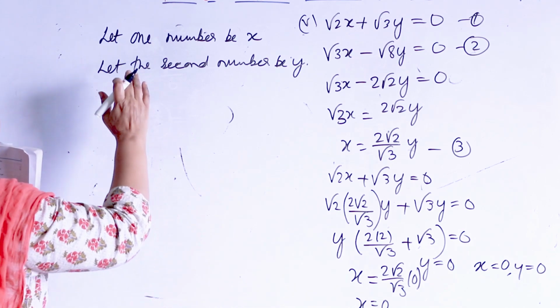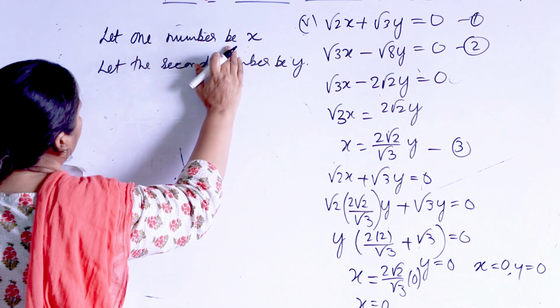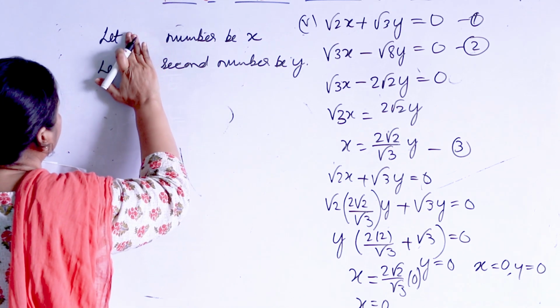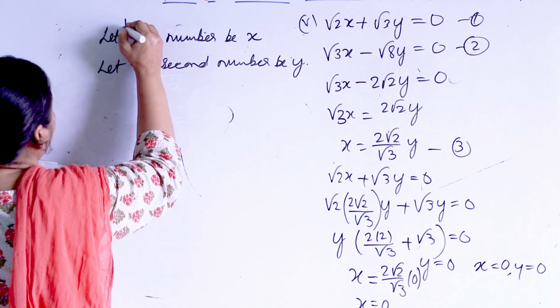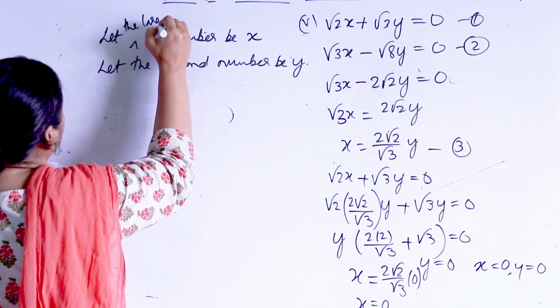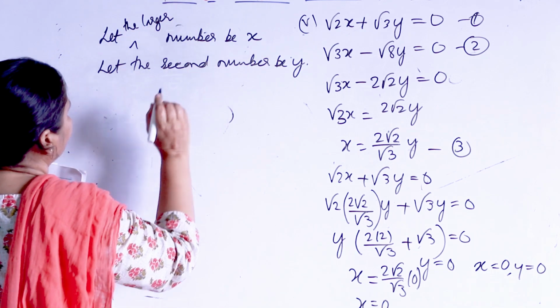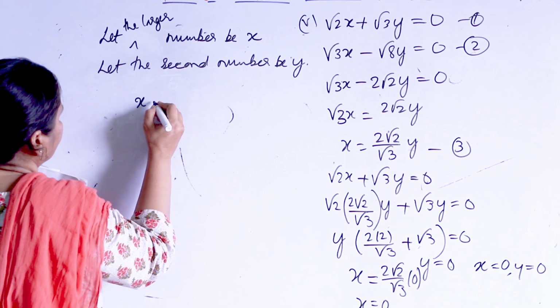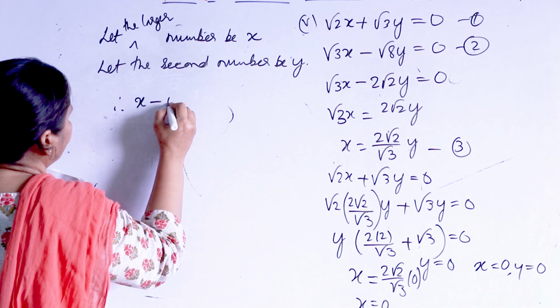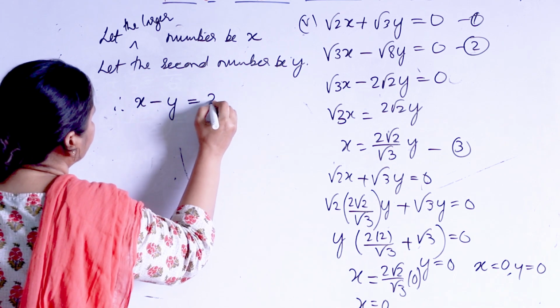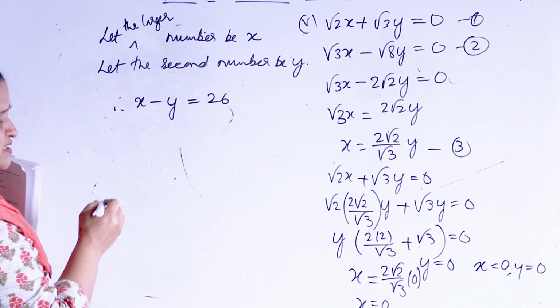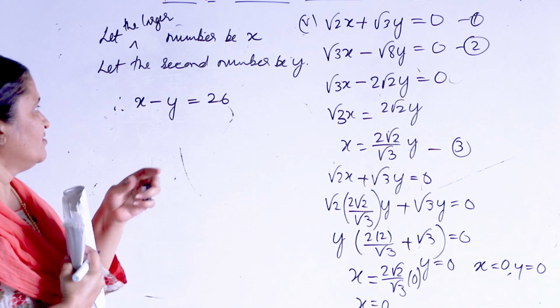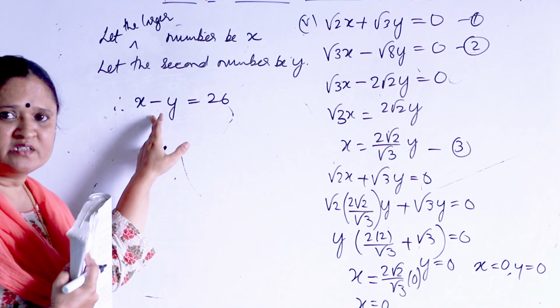So here, instead of writing let one number be, we can write let the larger number be x. Isn't it? Now we can say, therefore we can write x minus y is equal to 26. Okay? We already got one equation, right?